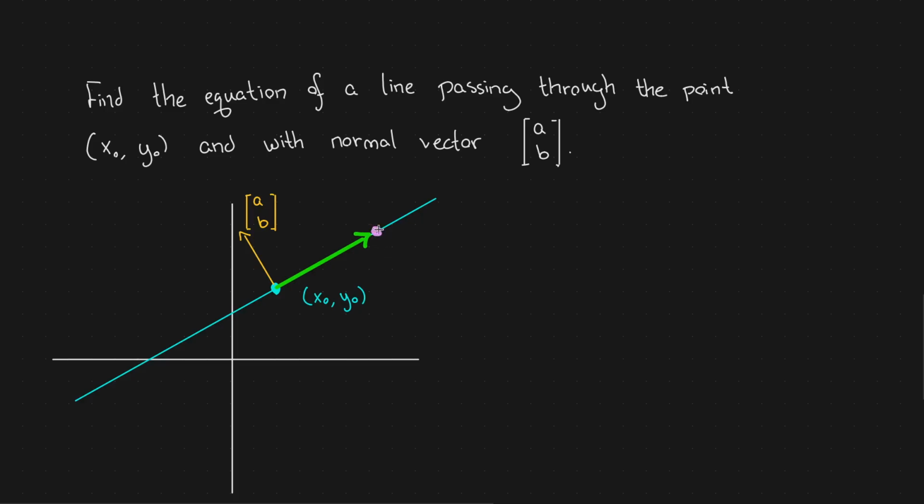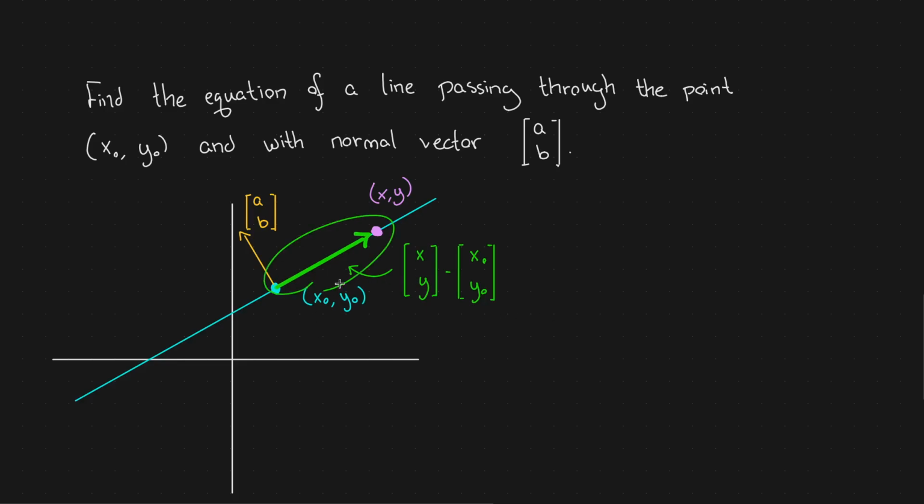So say this vector parallel to the line is pointing to point x, y from the point x naught, y naught. Okay, then this vector here, end minus start, I want to end up at the point x, y. I want to start at the point x naught, y naught. Okay, see how that works?